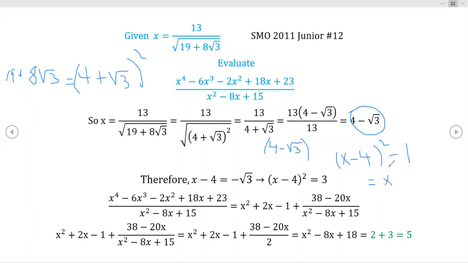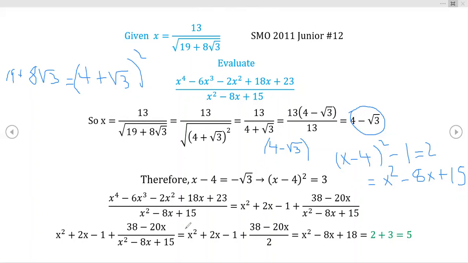So it's x squared minus 8x plus 15. But we know that x minus 4 quantity squared is equal to 3. So if you subtract 1 from 3, you get 2. So we get that 2 equals x squared minus 8x plus 15. Now that's super handy right down here.